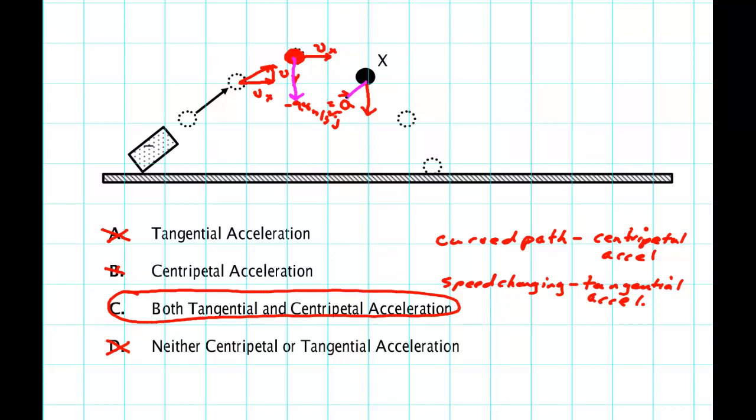It had a centripetal pointing in, and a tangential coming over, and those two summed to get this red arrow, the total. Over here, the centripetal and the total acceleration were the same, and there was no tangential. So these are changing. Neither one of them is constant.